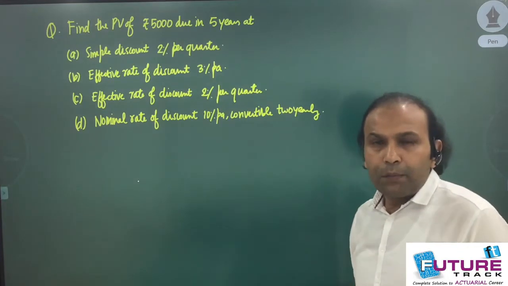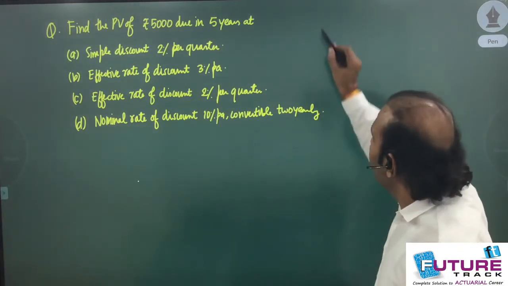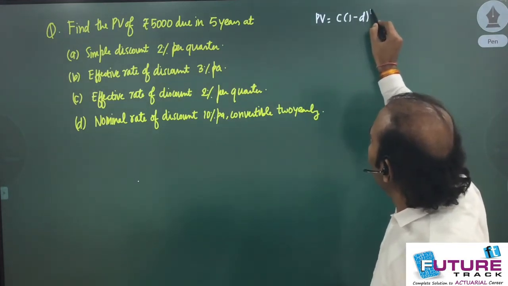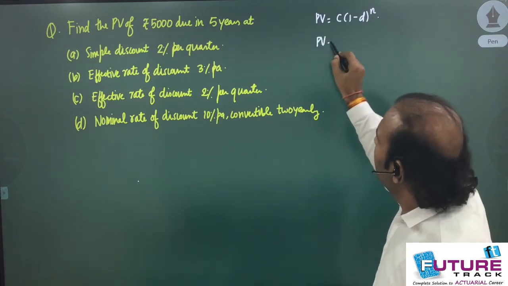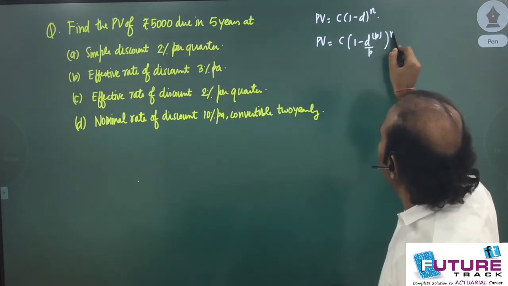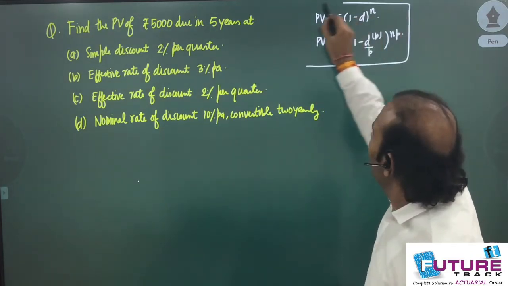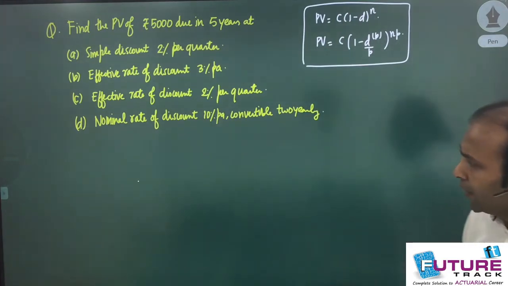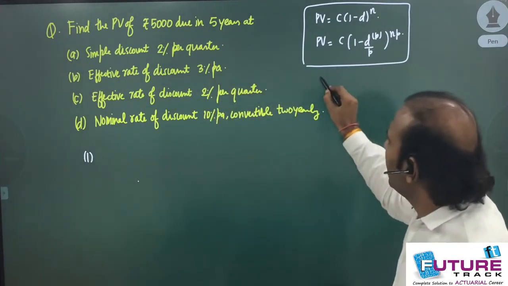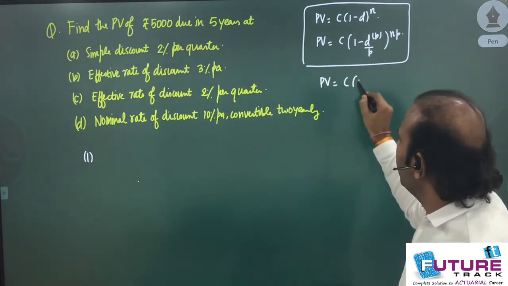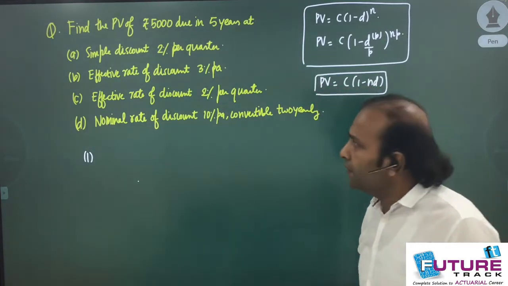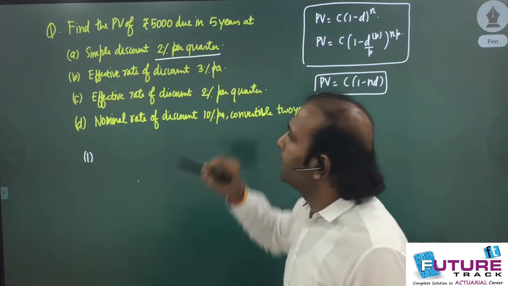Okay class, let's see some question on this topic. So we have seen the present value for effective discount per annum is this. For effective discount p-thly we have this. Right. Now let's see one by one. The first question is simple discount. एंड सिंपल डिस्काउंट के लिए हमने देखा था प्रेजेंट वैल्यू इज C(1 − ND), राइट. सो दीज आर माय फॉर्मूलाज. फर्स्ट सिंपल डिस्काउंट 2% per quarter.